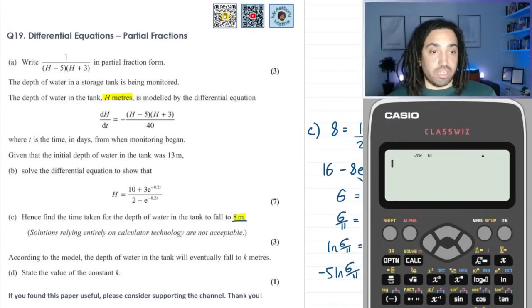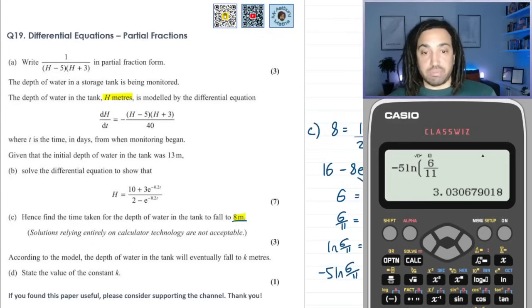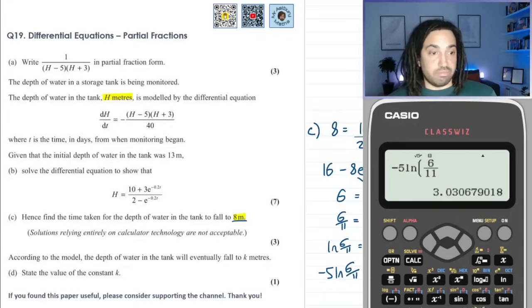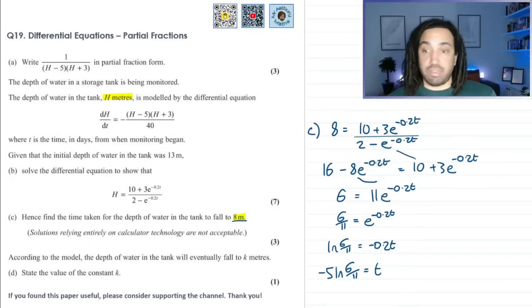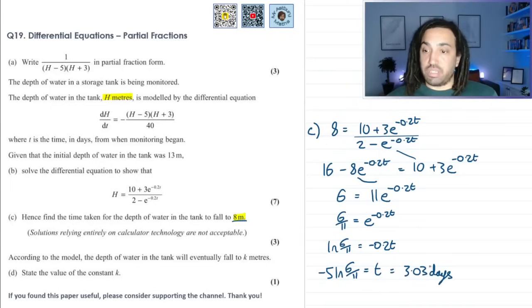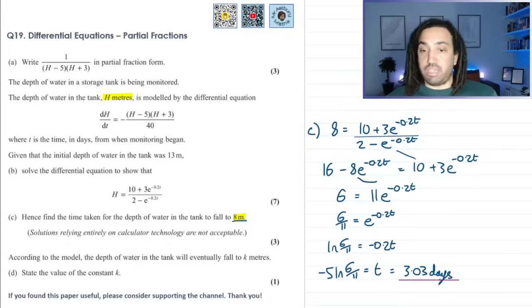So there it is, minus 5 ln of 6 over 11, and it gives us 3.03. It says time taken, and the time taken is in days, so I think we're just fine. So that equals 3.03, and that is days. Always give your units. Okay, brilliant.